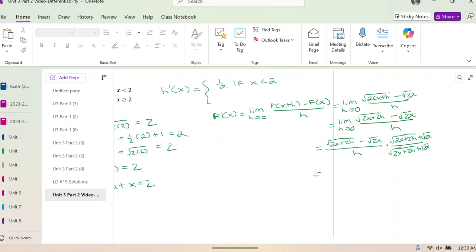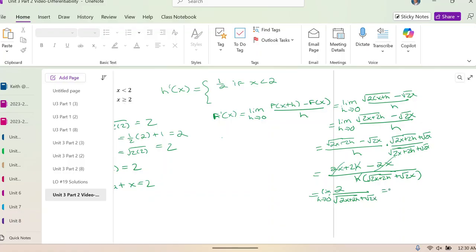When we do so here, we get 2x plus 2h minus 2x all over h times the square root of 2x plus 2h plus the square root of 2x. So notice the 2x's cancel, and then the h's will cancel. So you have the limit as h approaches 0 of 2 over the square root of 2x plus 2h plus the square root of 2x.